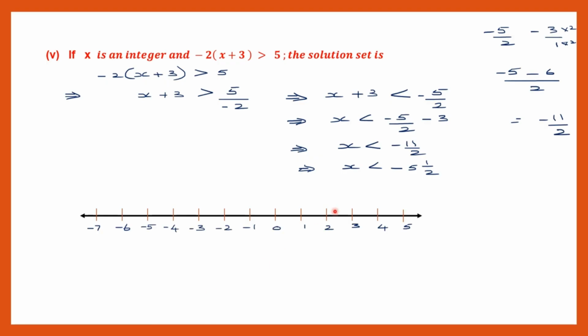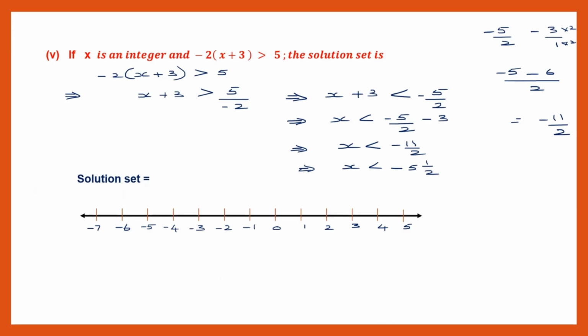So let's look at the number line at all the numbers less than minus 5, 1 by 2. Now minus 5 is here. All the numbers less than minus 5 will be minus 6, minus 7 and so on. So here this minus 5, 1 by 2 will be in between. So we are not going to include that. We continue with minus 6 and minus 7. So what is our solution set?